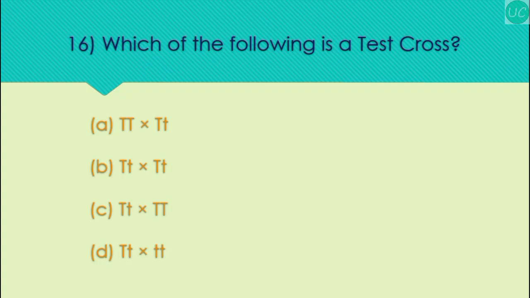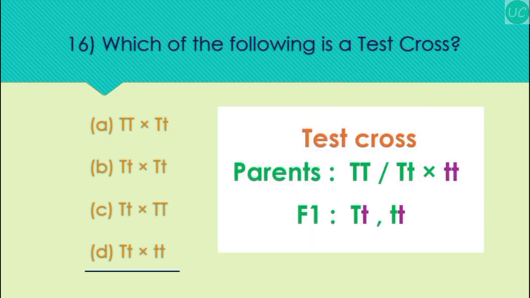So, the correct option over here is option number D, that is heterozygous is crossed with homozygous recessive allele. Okay, so as you can see from the diagram, in a test cross, if the parent is homozygous or heterozygous dominant is crossed with recessive homozygous, the F1 generation will show heterozygous for dominant or homozygous for recessive allele. Okay, so the correct option over here is D.